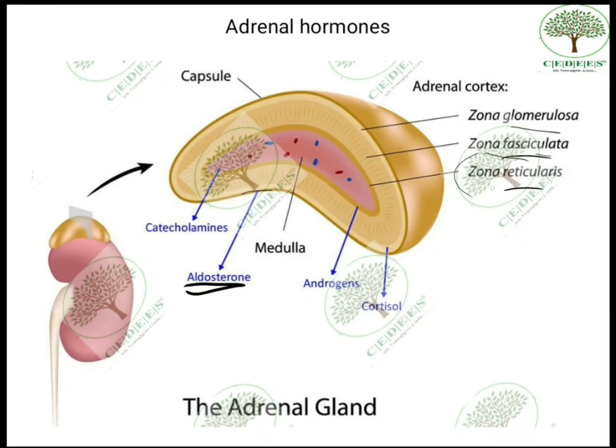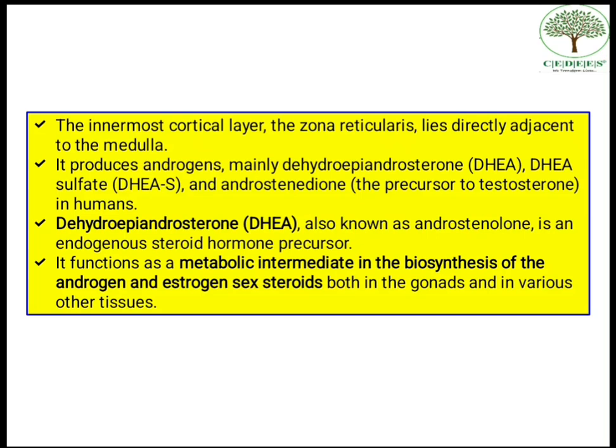Now there was a doubt regarding this dehydroepiandrosterone, which, like I said, is secreted by the zona reticularis. Now what exactly is this hormone? So basically it is also known as androstenolone. Okay, this hormone is secreted, like I said, by the zona reticularis, and the question which was asked was, is it secreted exclusively by the female gland or is it secreted by both the male and the female adrenal gland?